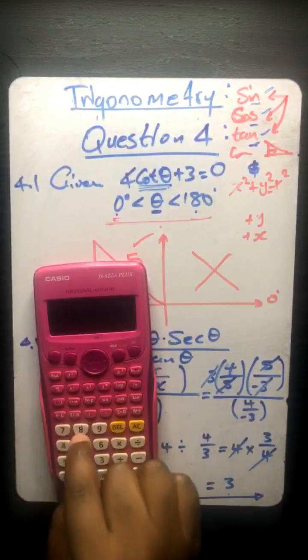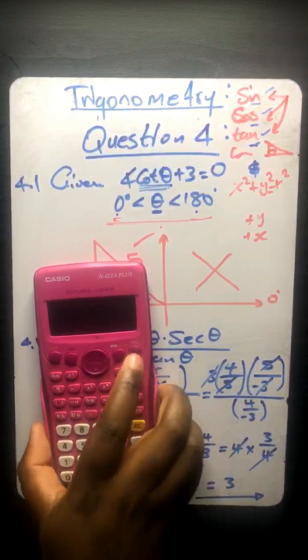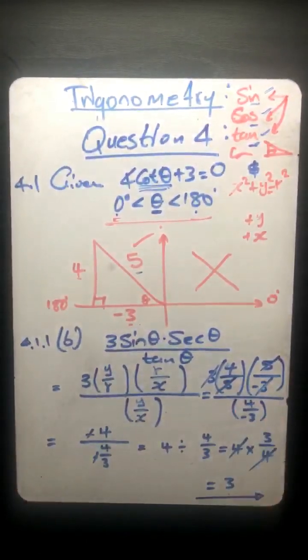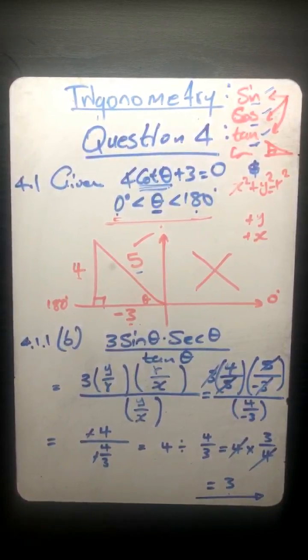So let's see, over negative 3. I hope I get 3. Yes, I'm getting 3 when I punch all of that, which means this is correct. Is it only me who got 3, or are all of you getting the same answer there?